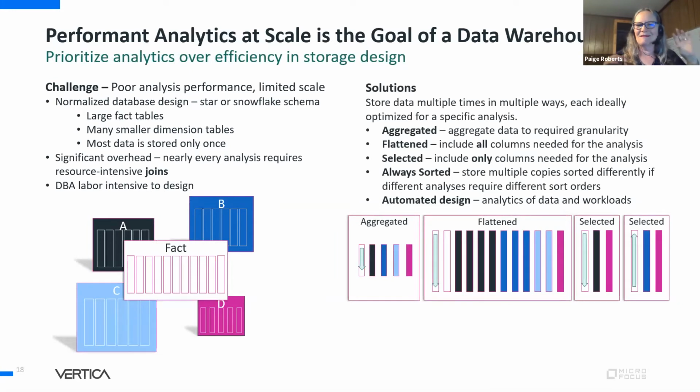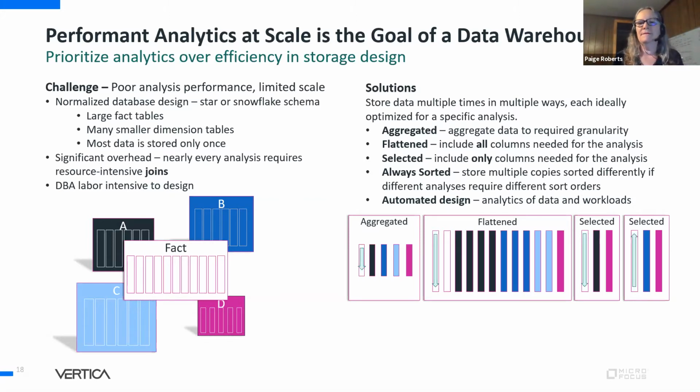You store it either aggregated, you join a bunch of tables together if you need to do 100 columns at once, or even 10 columns from 4 different tables. You store them together. You store data duplicated and sorted in different ways because there are different ways you might want to analyze it. And that seems like a great idea, except for the fact that you've bloated your storage up hugely because you've got all these copies of your data.